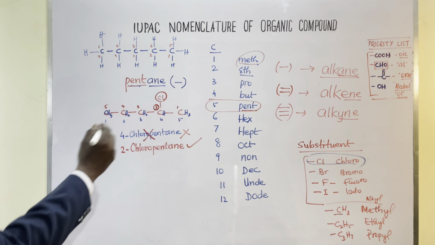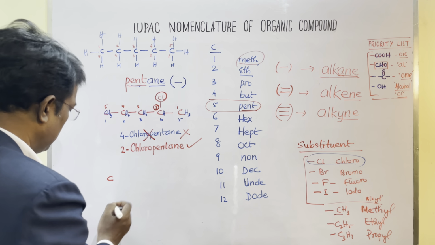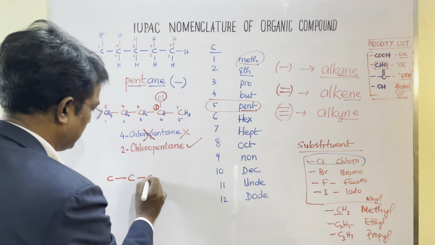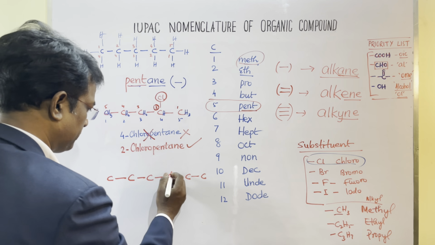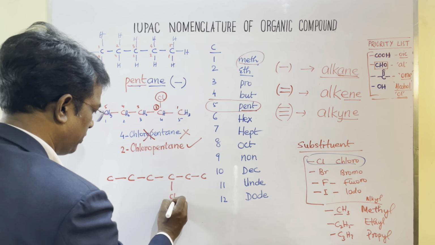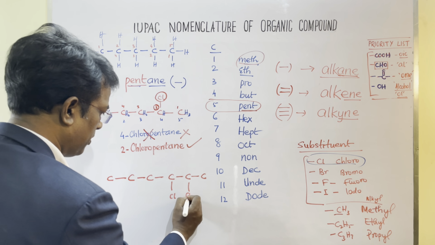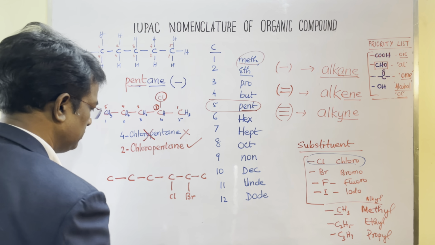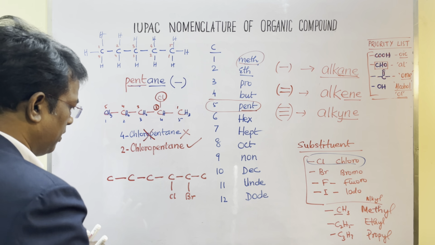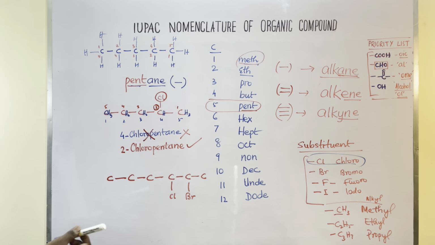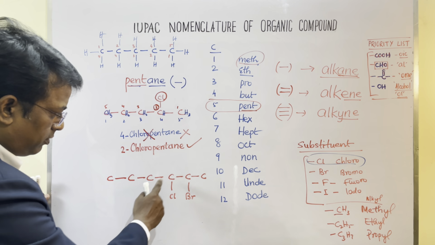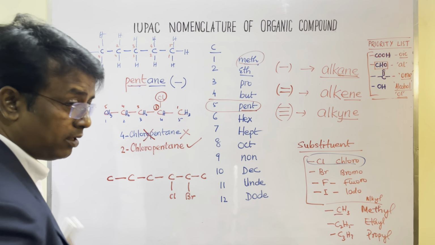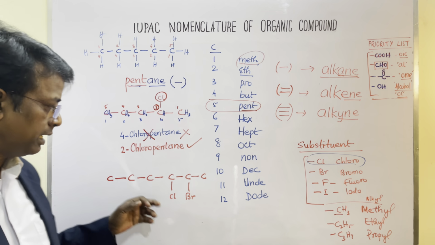Now let's take another example, quite a little larger. Now here we have chloro and bromo. Here we can't start from this side, because the carbon to which these functional groups are attached would get a higher number.